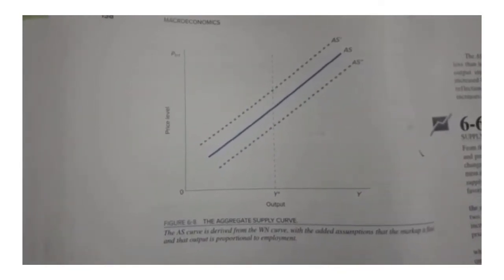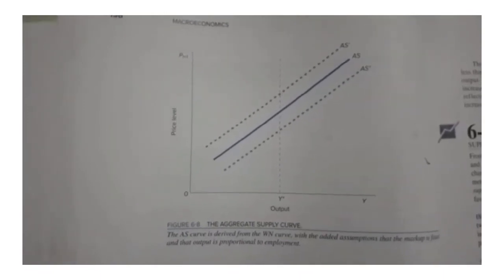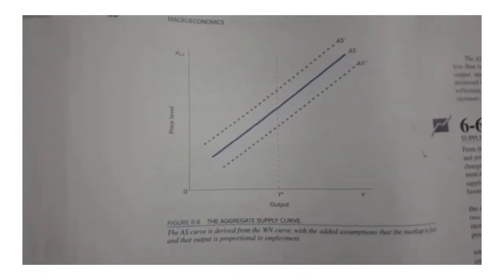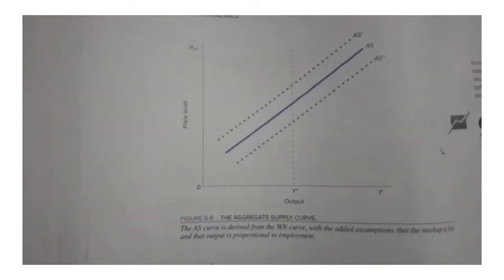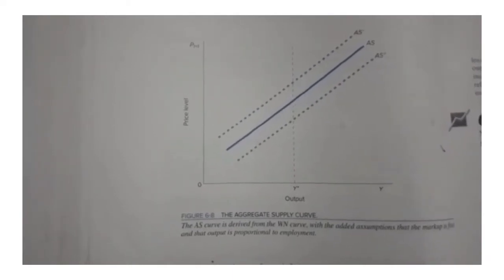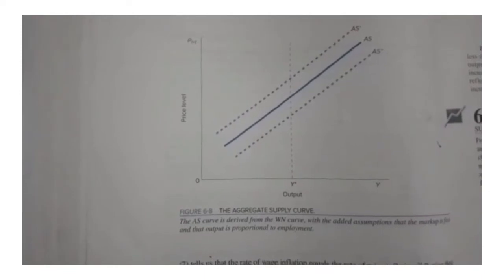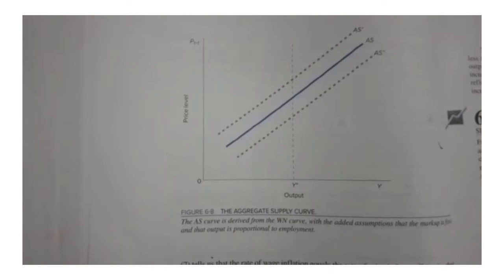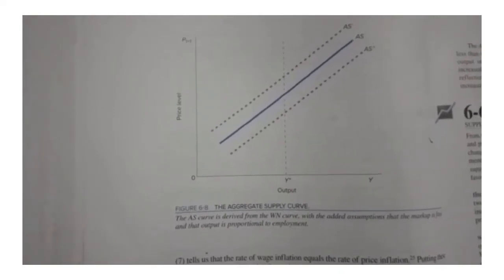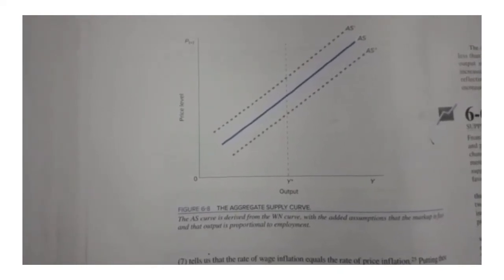If output this period is above the full employment level, the AS curve will shift up next period. If output this period is below the full employment level, the AS curve next period will shift down. Thus, the properties of the AS curve are those of the WN curve.